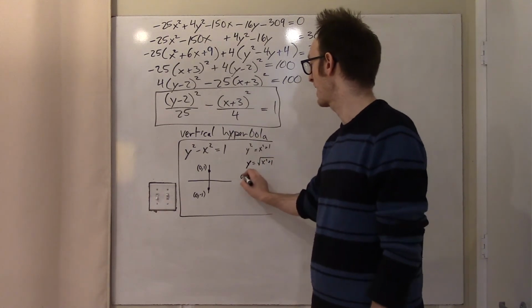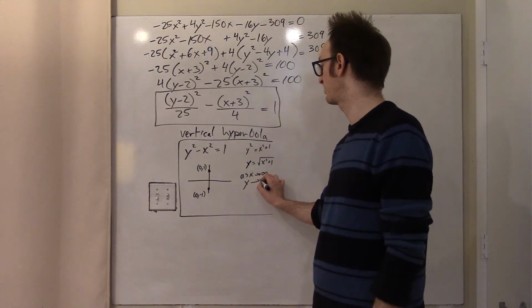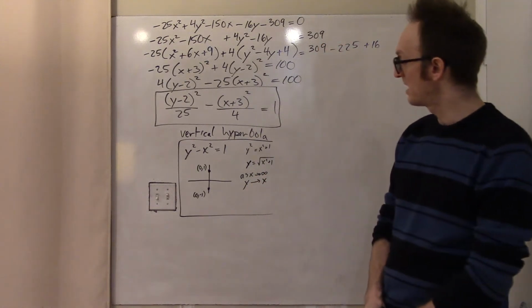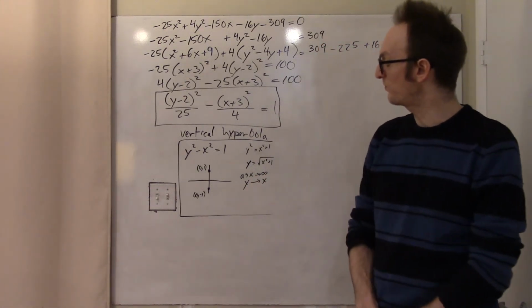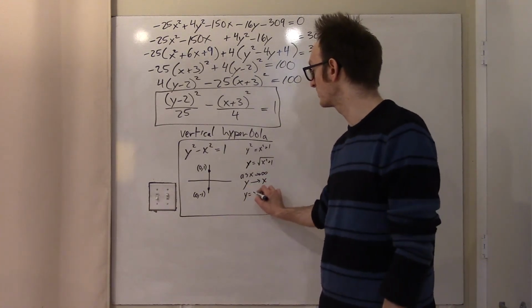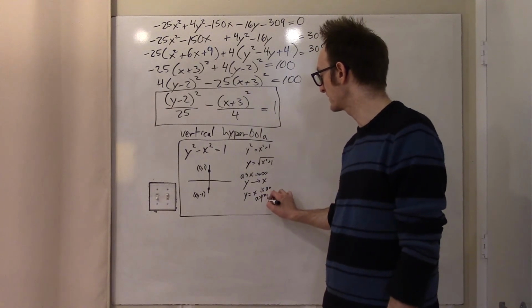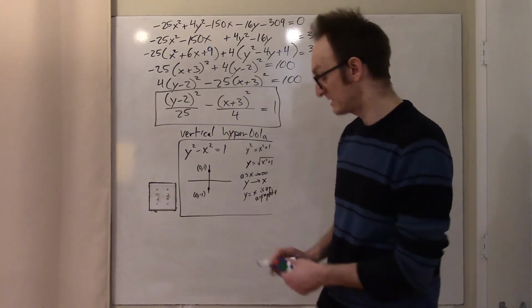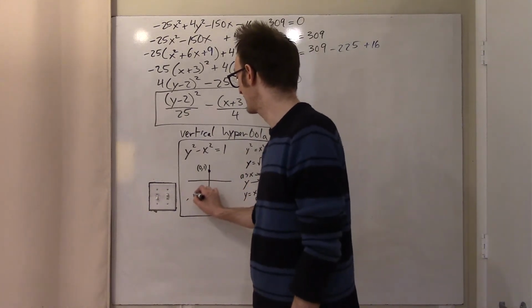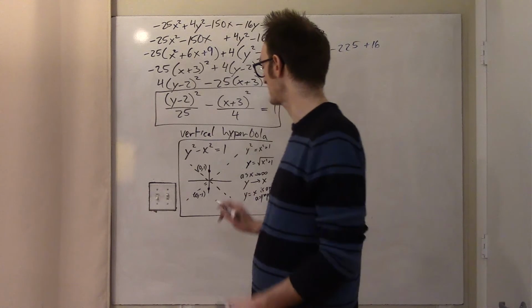And so as x goes to infinity, y is pretty much just looking like x. And if as x goes to infinity, y is pretty much just x, that means that y equals x is an asymptote. And that's exactly true. We get the line y equals x as an asymptote, and y equals negative x also.